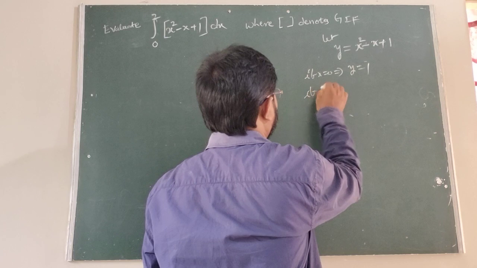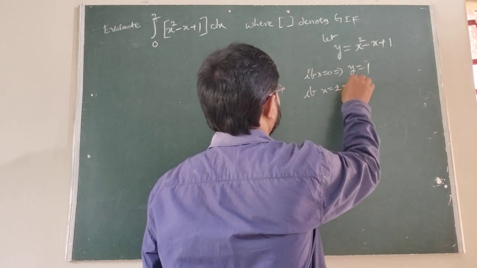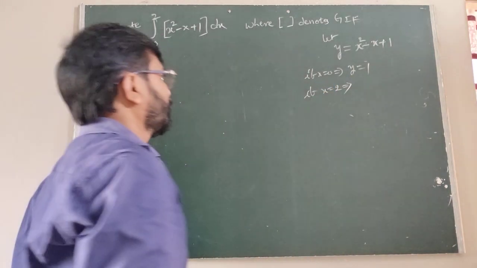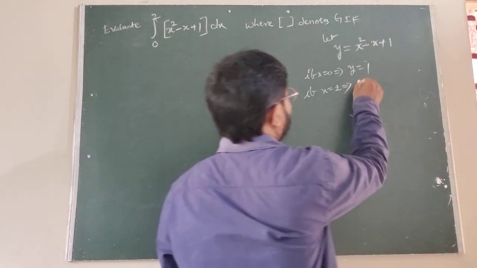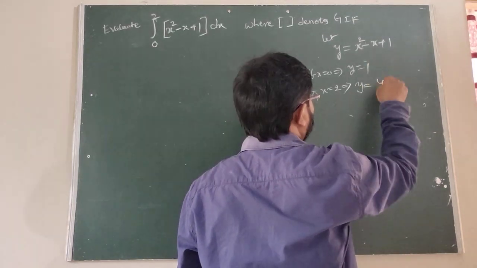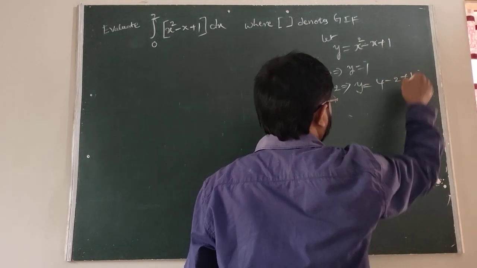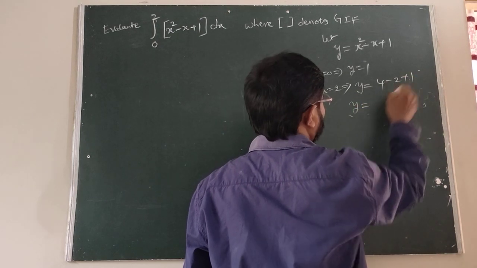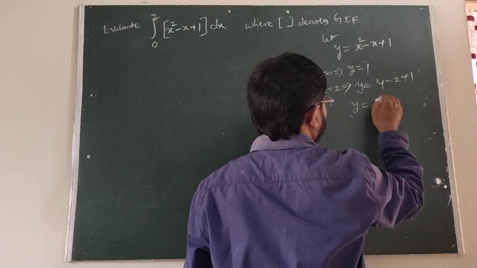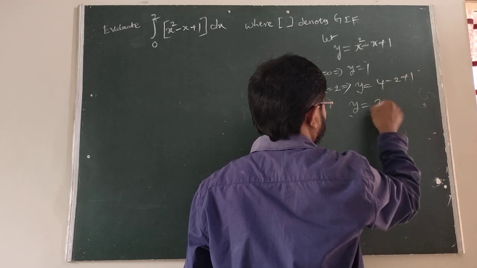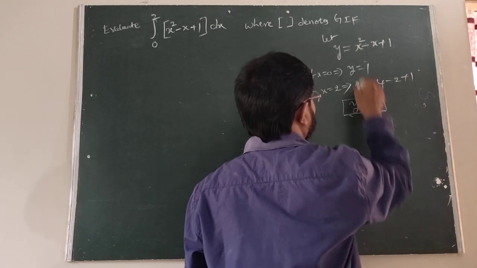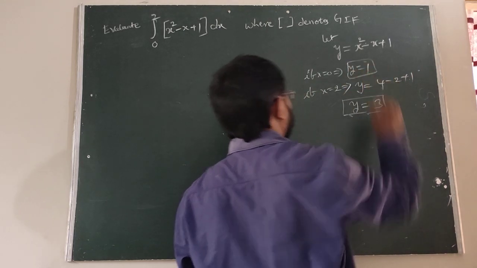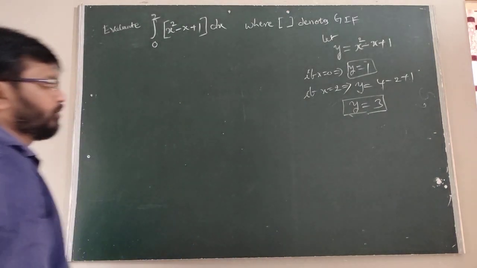Now if x equal to 2, then you can substitute in that: 2 square is 4 minus 2 plus 1. Now 5 minus 2 is 3, but this is 1 and this is 3, so how to evaluate?